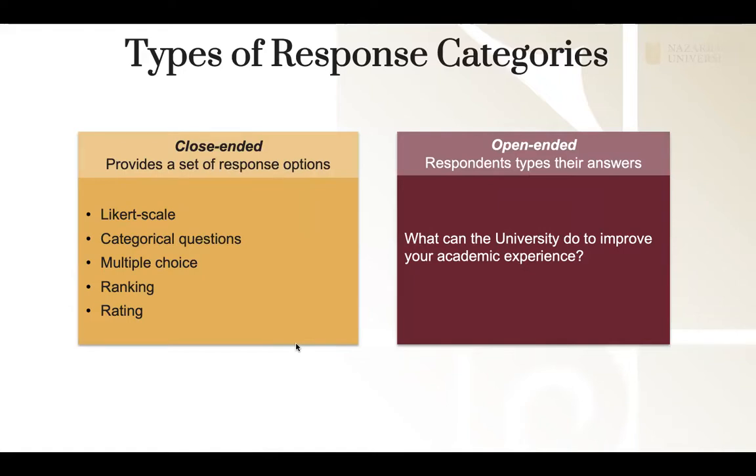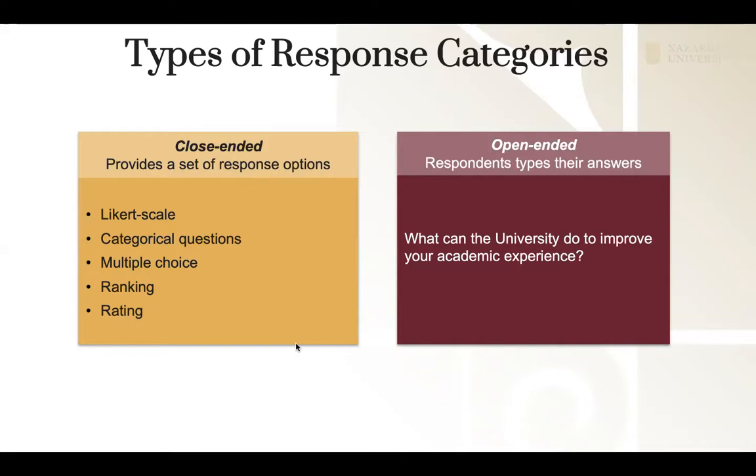Closed-ended questions are usually favored by many survey researchers and respondents. It's usually recommended to use them, and they take many shapes and forms. I just mentioned a few, like Likert scale, categorical question, multiple choice, ranking, rating.